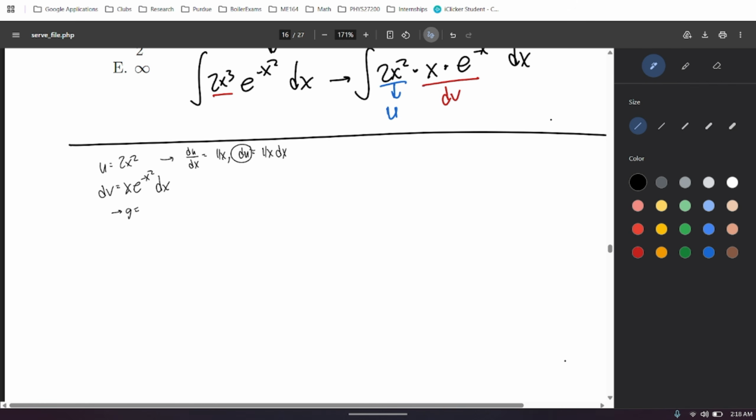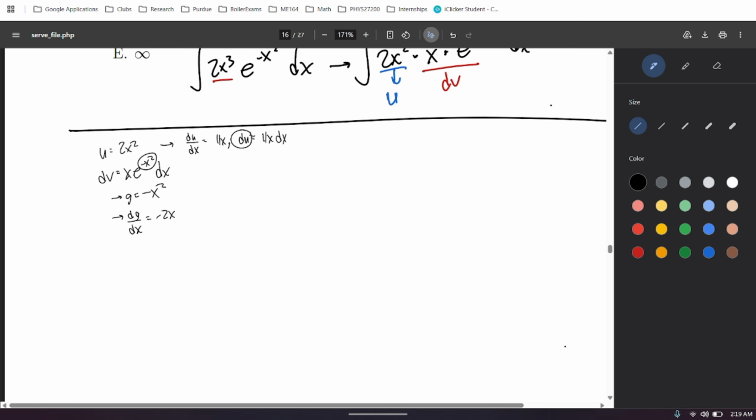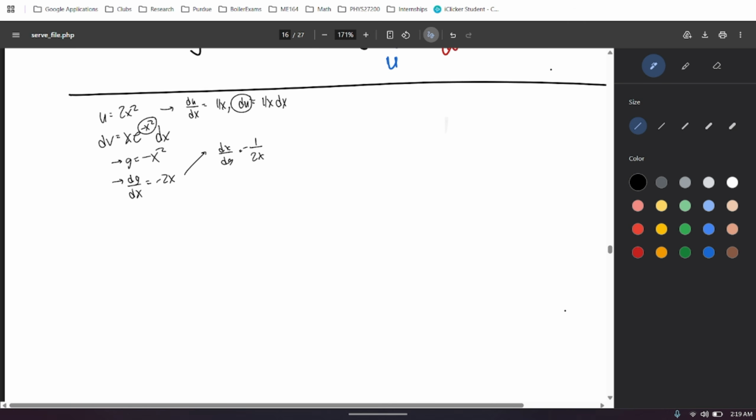g in this case would be equal to this exponent here, negative x squared. dg/dx would be equal to negative 2x. And then we need to solve for dx here so we can sub it back in. That's pretty simple though. dx over dg becomes 1 over negative 2x. You can flip the numerator and denominator around.